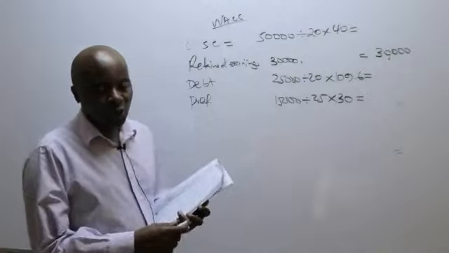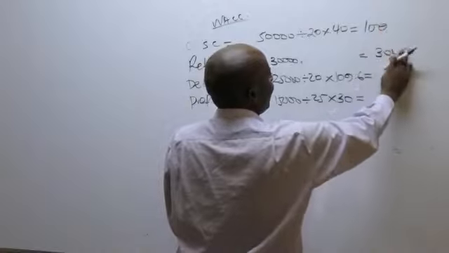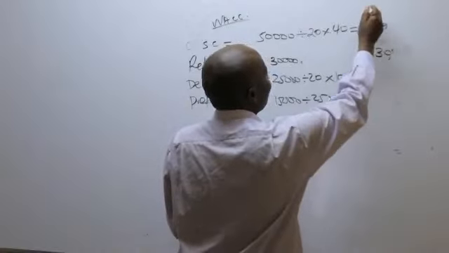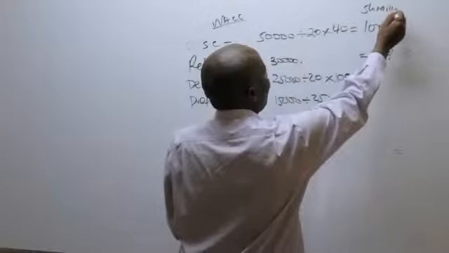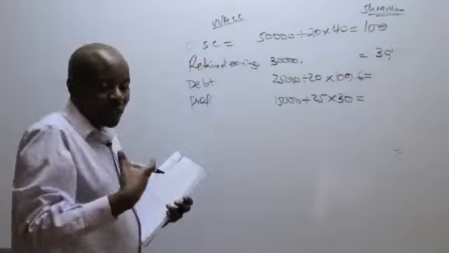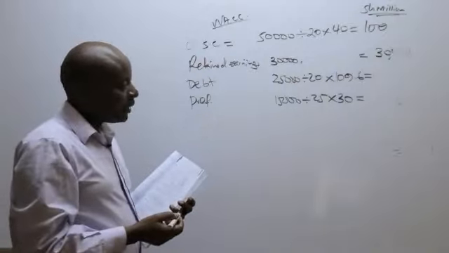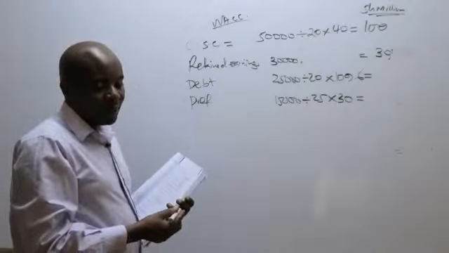I'm being told ordinary is 100 million. Let's put our figures in millions, so 100. Retained earnings, as you are aware, has no adjustments at all.